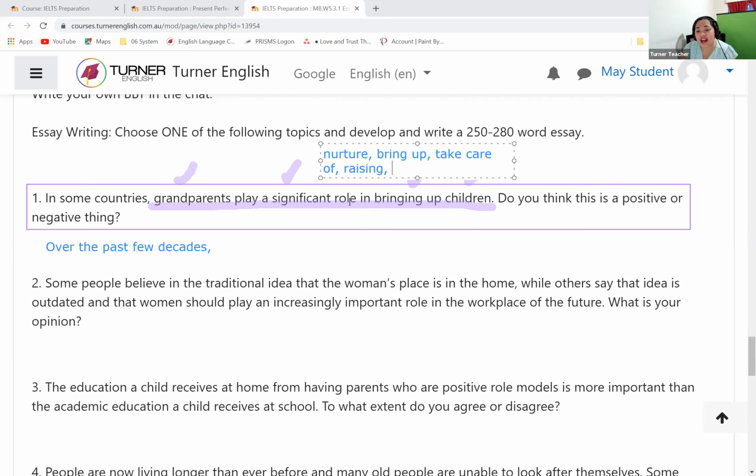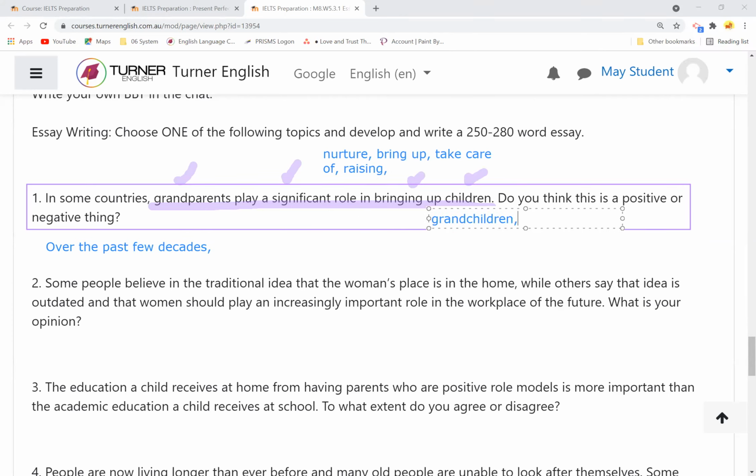So is there any other word you can think of? Of course, we can say children, we can say grandchildren here. Anything else we can use for children, grandchildren? Young ones, but it doesn't necessarily mean they're your grandchildren. It just could be young. Kids, but kids is not academic.